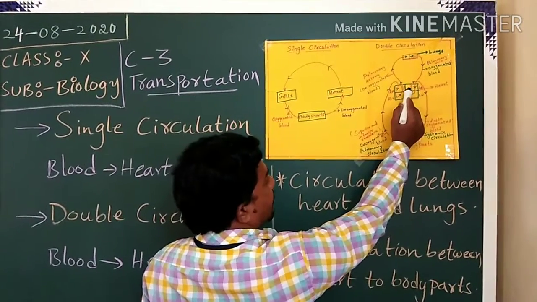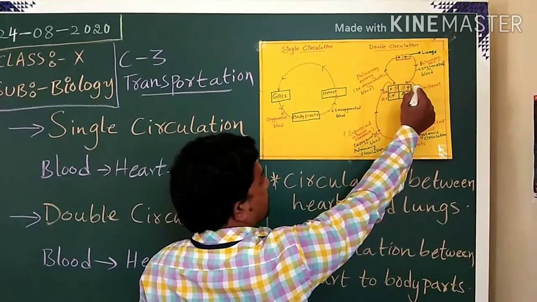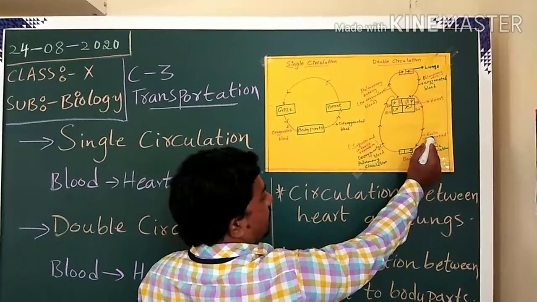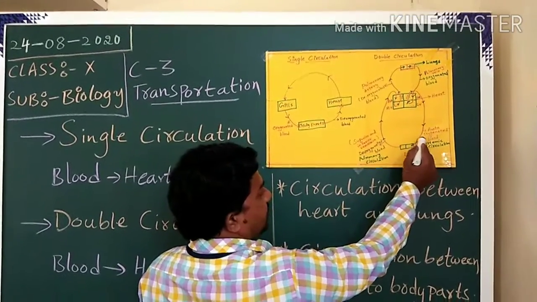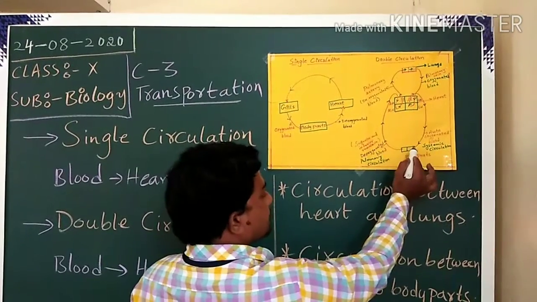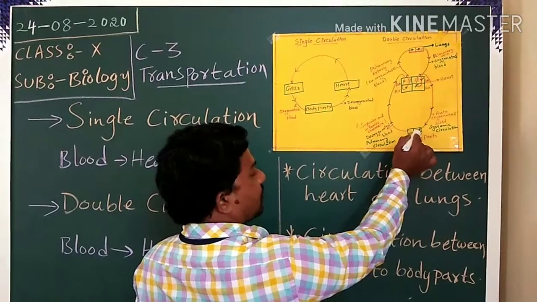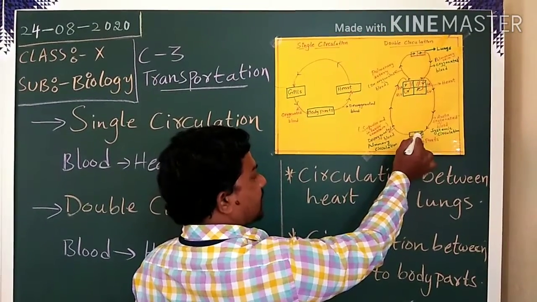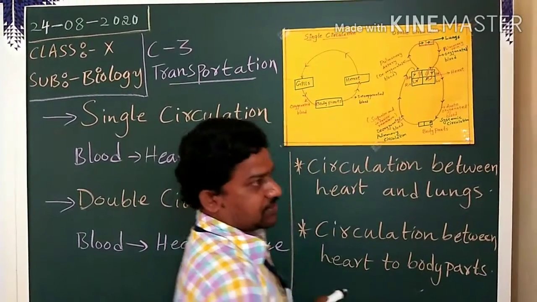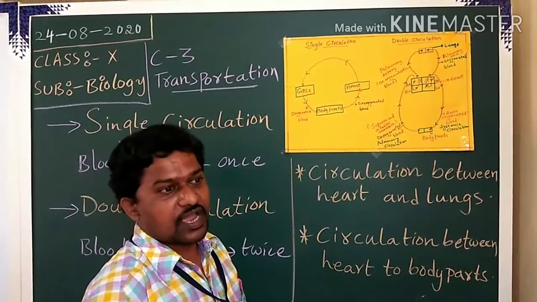Next, from the left ventricle, the blood reaches the systemic aorta. Like that, the oxygenated blood reaches the body parts. And after this blood reaches the body parts, it is distributed to all the tissues.